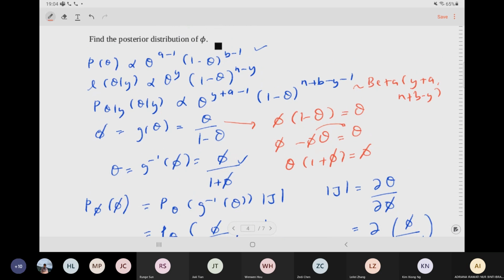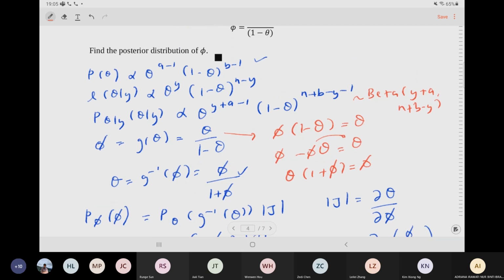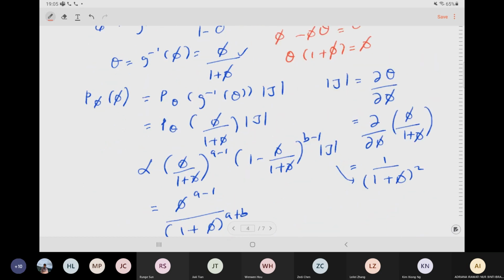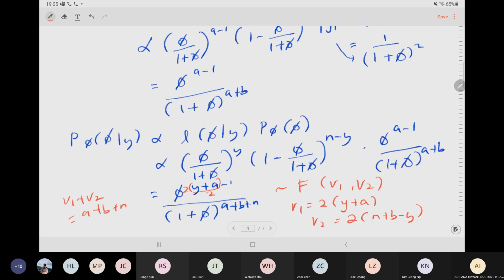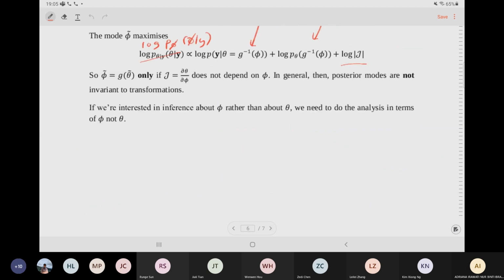If you have beta 2, 2, then y plus a equals 2, and n plus b minus y equals 2. So after transformation, we have an F distribution with v1 equals 4, v2 equals 4.